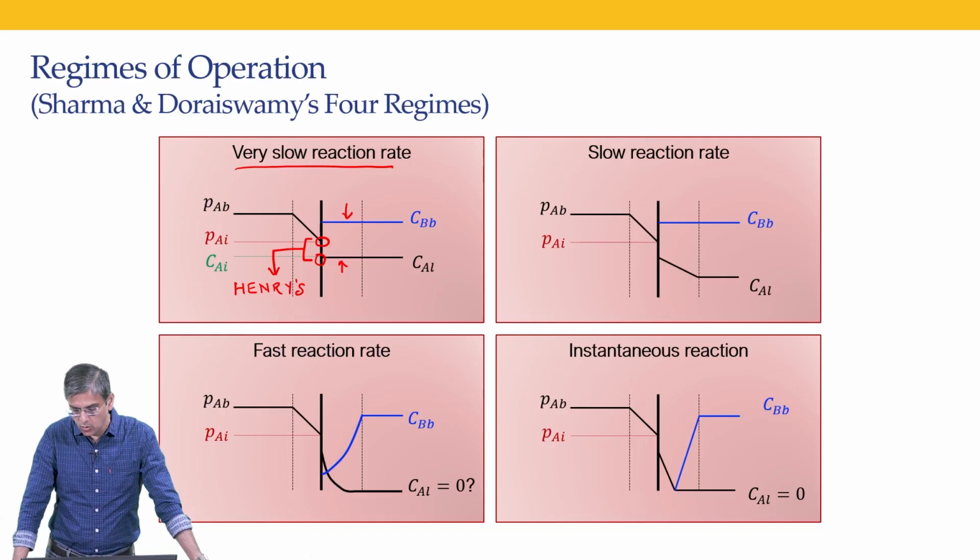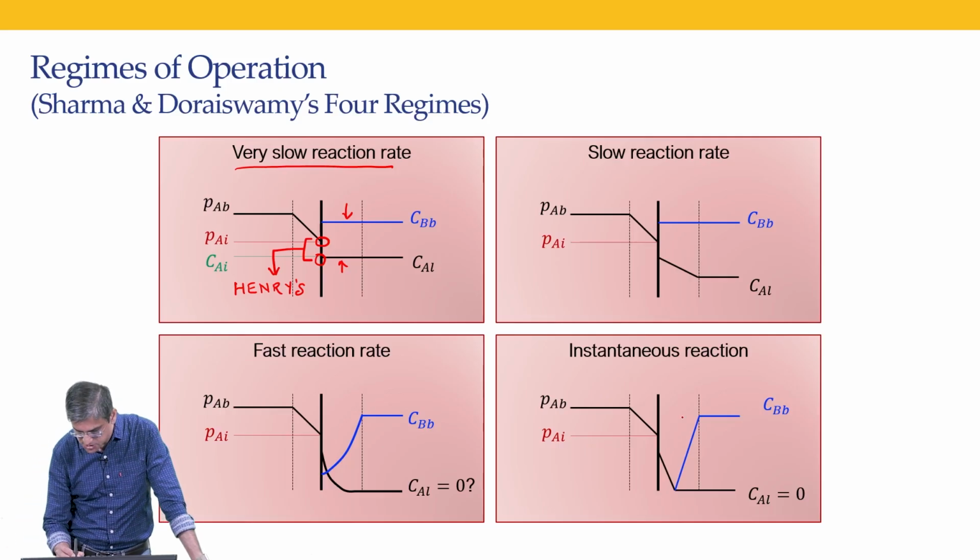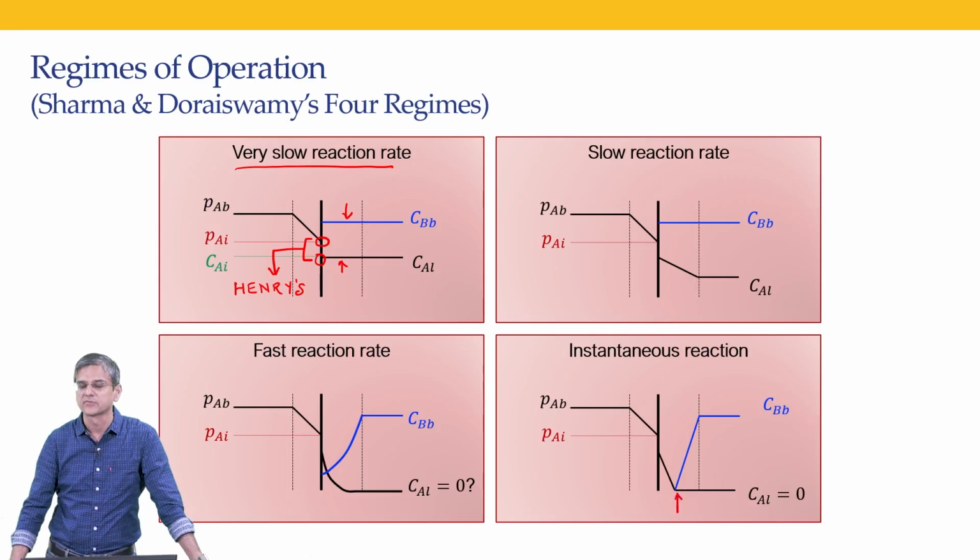Now, when you have the reaction rate as instantaneous reaction rate, A and B do not see each other. There is no region where A and B are both simultaneously present.